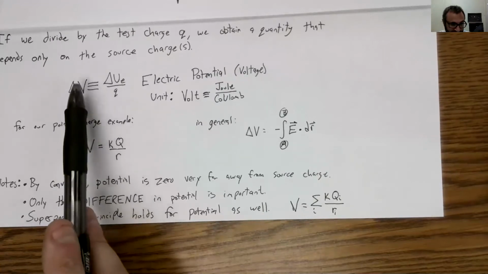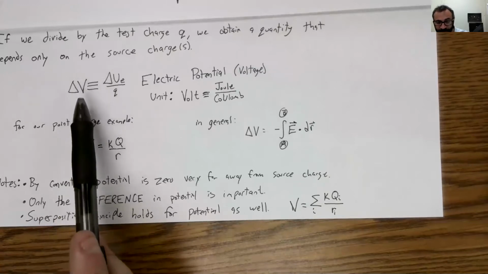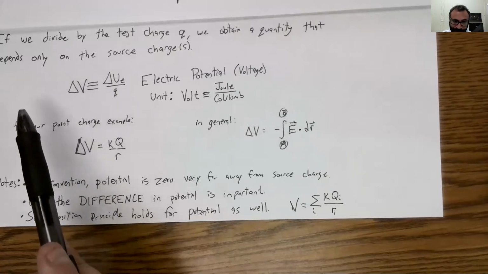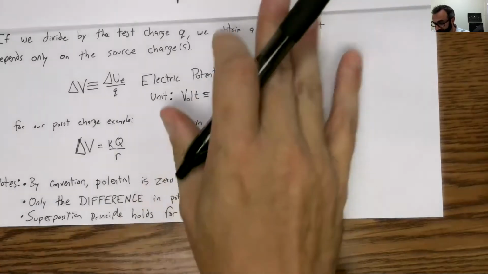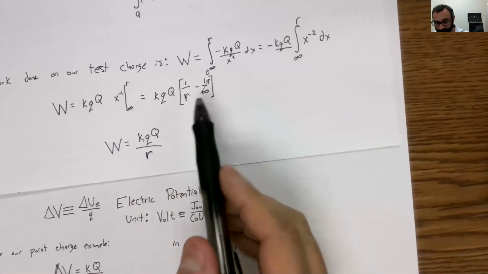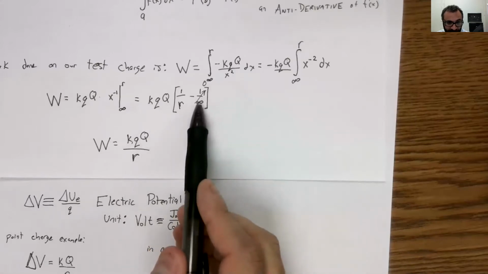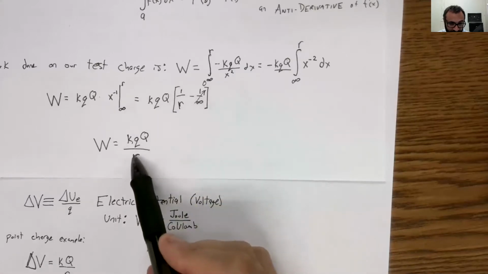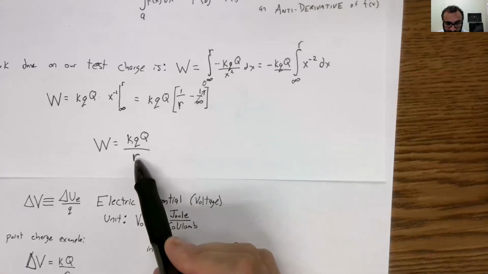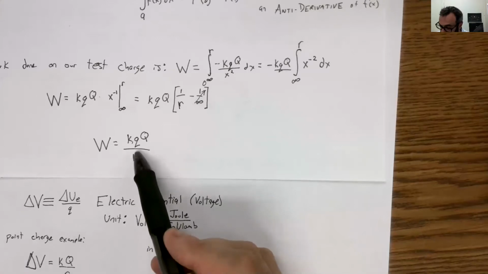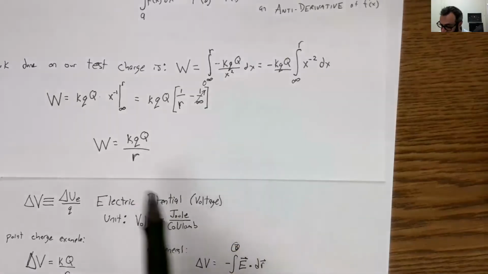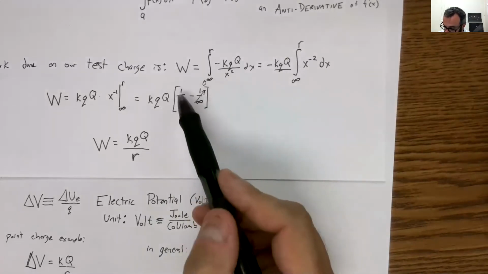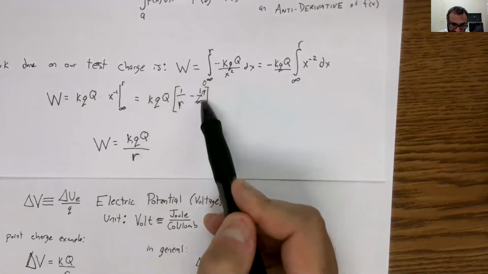In the example case, we were going from infinity to the point R. You could say that the potential at infinity is 0, because KQq over infinity is going to be 0. And when we get to point R, it's just KQq over R. So really, it's the difference between KQq over R and 0.